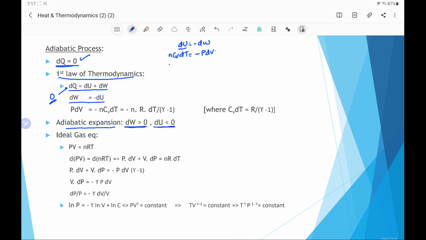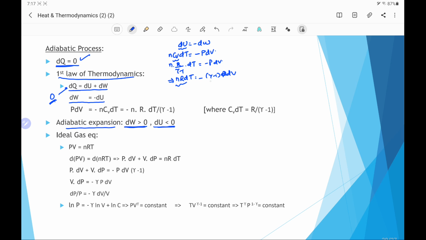Hence, n and this Cv is R by gamma minus 1, and the remaining is dt, equal to minus Pdv. So this implies that nR dt can be written as minus (gamma minus 1) Pdv.